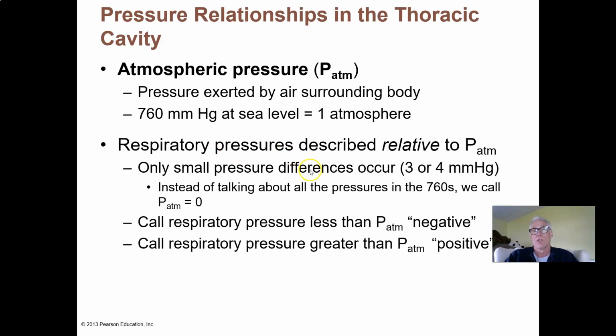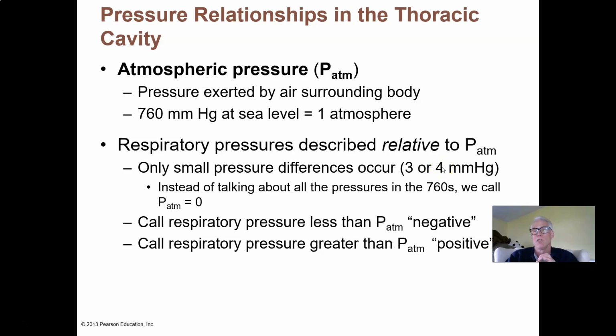The respiratory system inspires and expires air by making very small changes in the air pressure inside the lungs, of actually only about 1 or 2 millimeters of mercury, probably typically at rest.